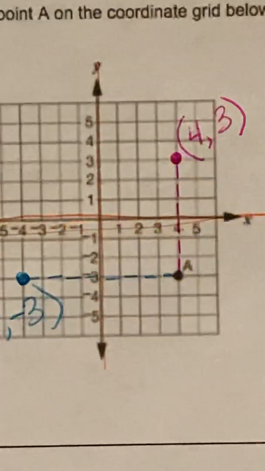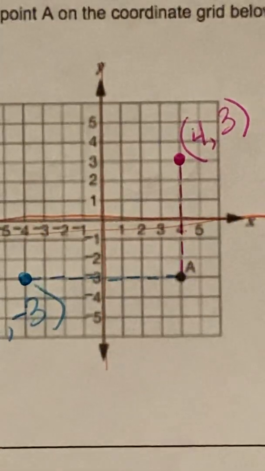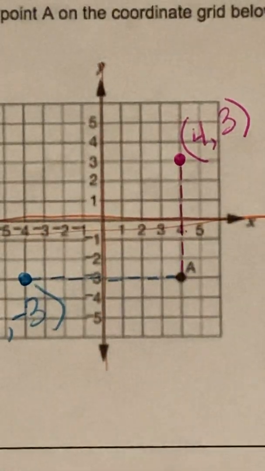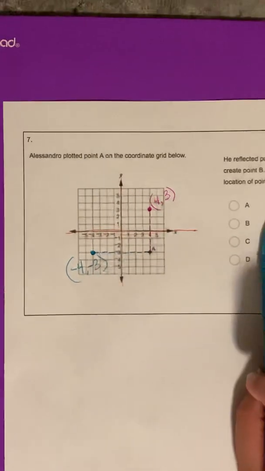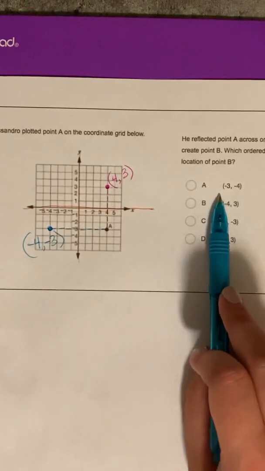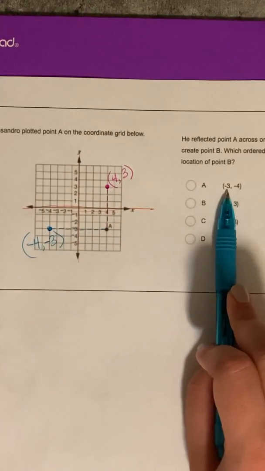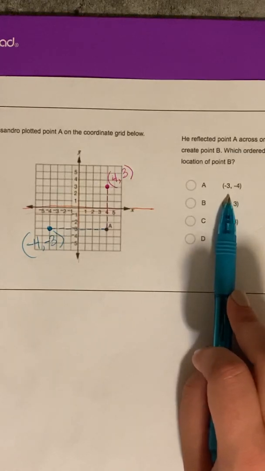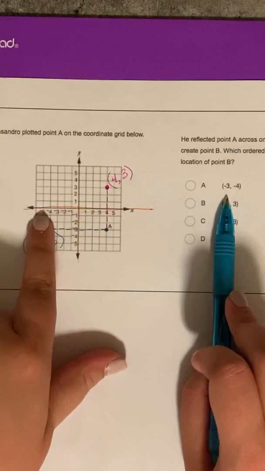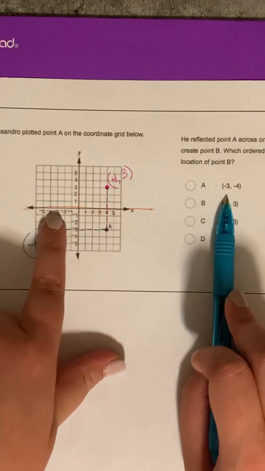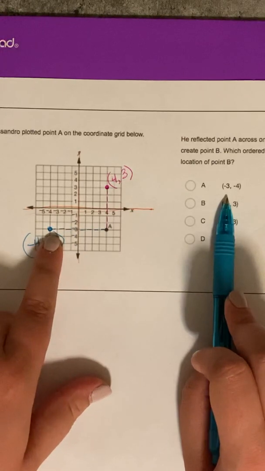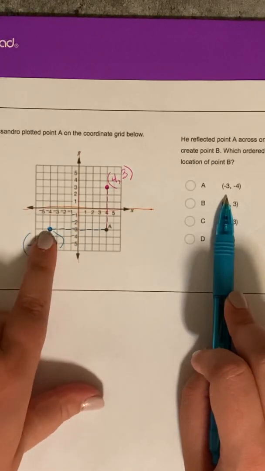All right, so do we have any of these as an option? Do we have (-3, -4)? No, it was -4. Remember, x value first. So (-4, -3).